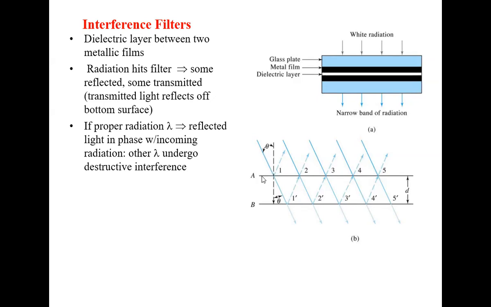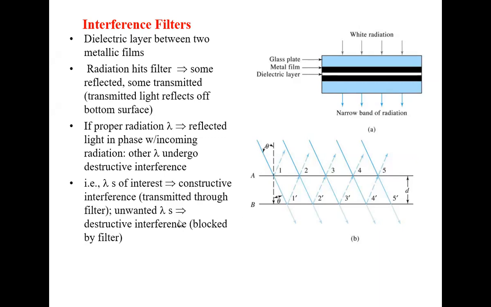Then the first plane is labeled 1. All right? And then we have the second plane, A and B there. And then that ray of light goes through, it's 1, then it's reflected, it's 1 prime.